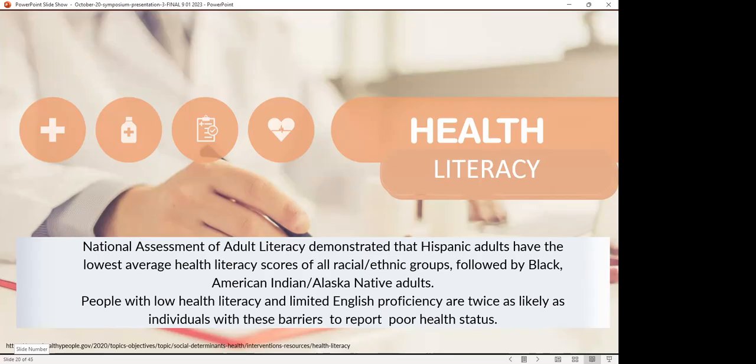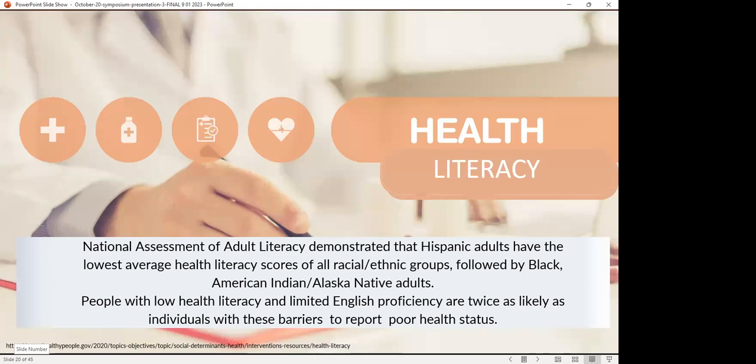The National Assessment of Adult Literacy demonstrated that certain racial and ethnic groups, and older adults, have the lowest average health literacy scores, followed by Black, American Indian, and Alaska Native adults, and individuals that also have limited English proficiency also have barriers.